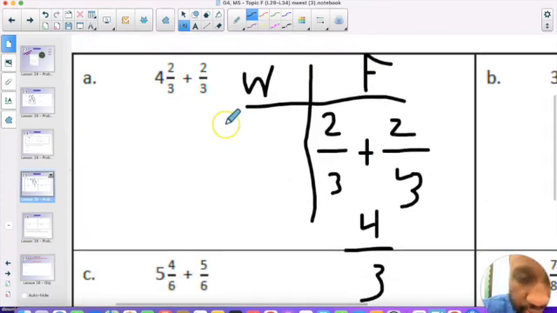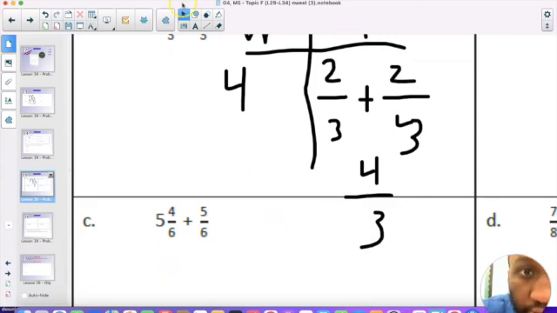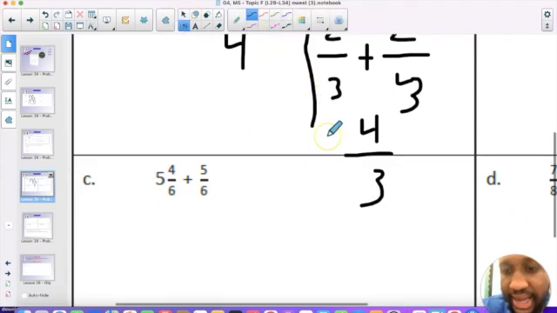And I have 4 wholes here. Oh, I don't want that. Let me go back here. Bam. I got these 4/3.